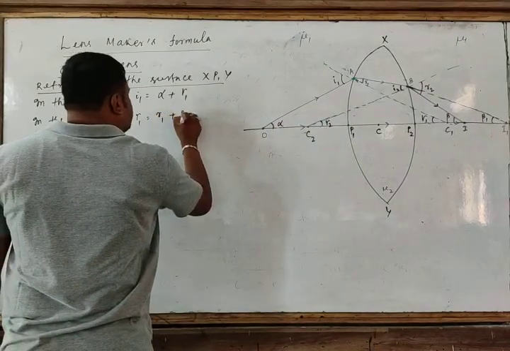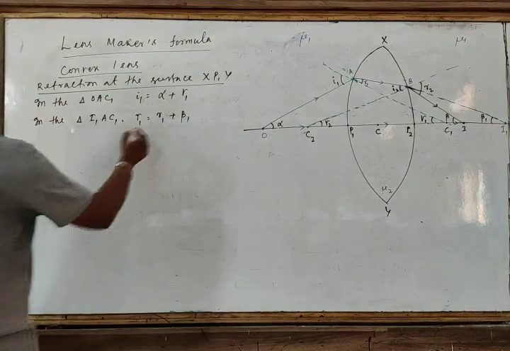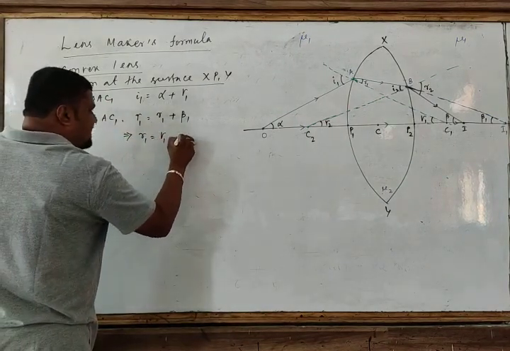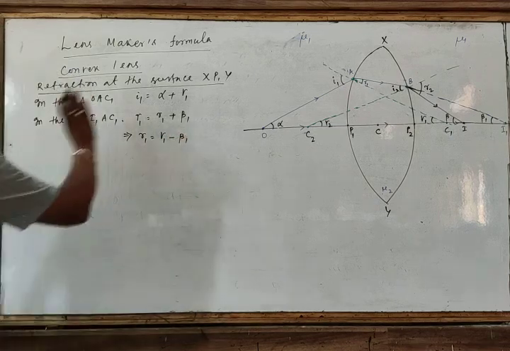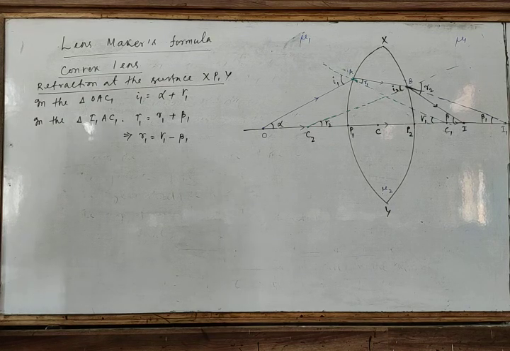This is gamma 1 equal to R1 plus beta 1. This implies R1 is equal to gamma 1 minus beta 1. So I got I1 and R1. Okay?